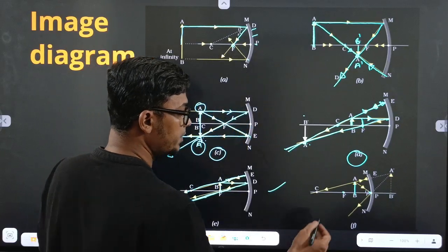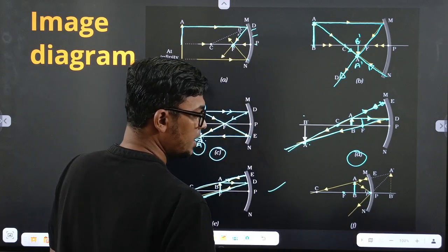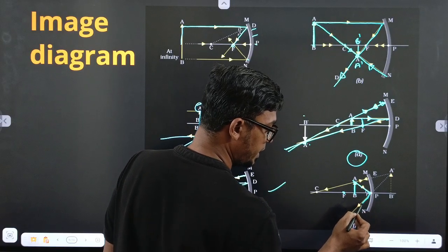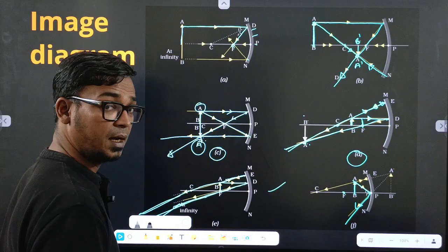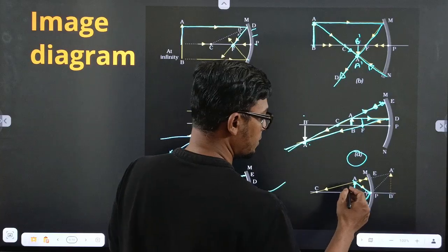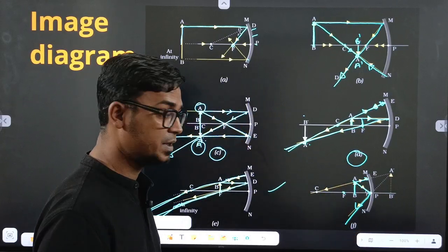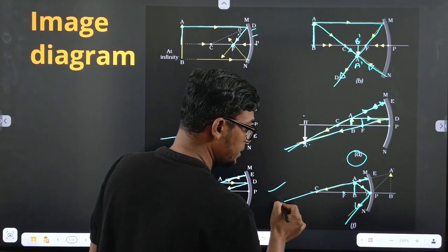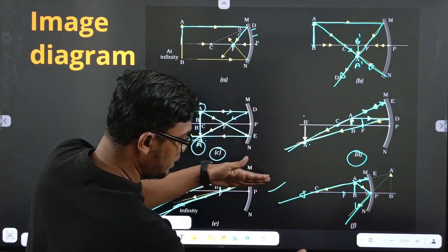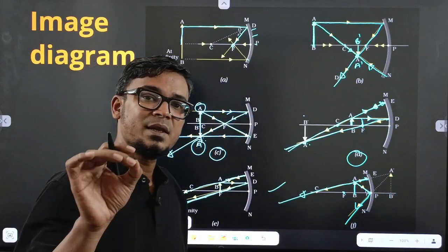Therefore, if you place an object between the focal point and pole, then by the fourth rule, if the incident ray falls on the pole, it will obey the rules of reflection just like a plane mirror. Then if you draw another incident ray through the center of the curvature, this ray will bend in this direction. So we can see these two reflecting rays will never intersect on the same side as the incident ray of light.